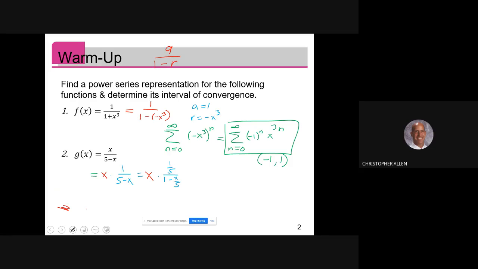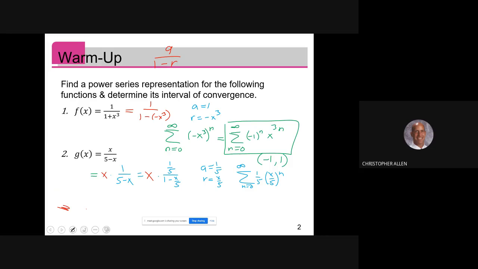So now with this blue stuff, a is 1/5 and r would be x over 5. So the blue thing is going to be 1/5, and we're going from 0 to infinity of x over 5 to the n.